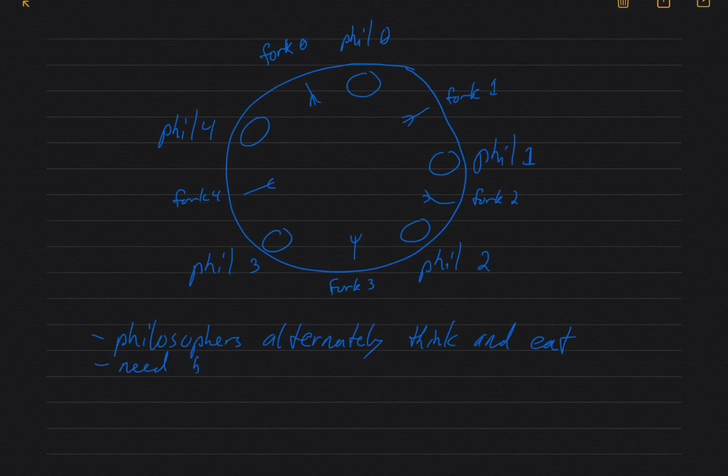So they need both forks to eat, and the challenge was to design an algorithm such that no philosopher starves. And we also want to make sure that they don't deadlock, which would cause them to starve.